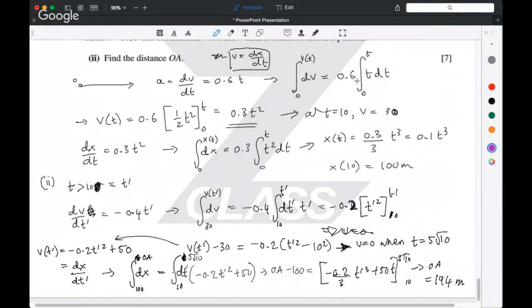So the big idea here was to always keep things as general as possible until you need to plug something in. So don't just integrate between definite limits. If you just have one definite limit, a boundary condition, you can use that as one of your limits, and then the other is just some general later time.